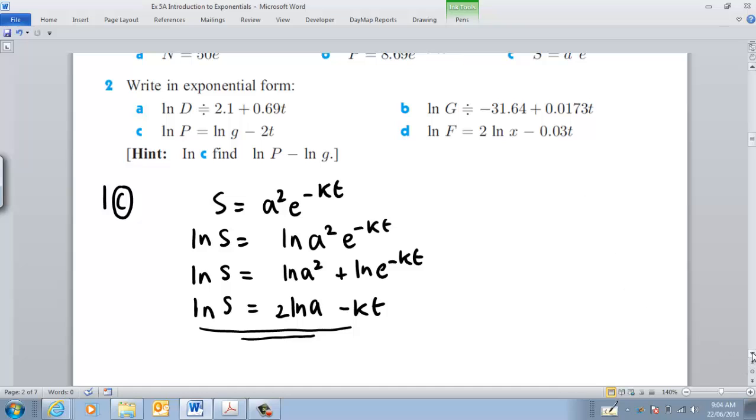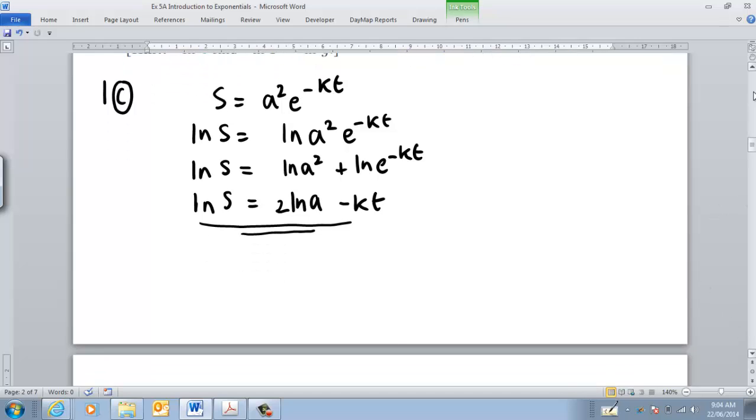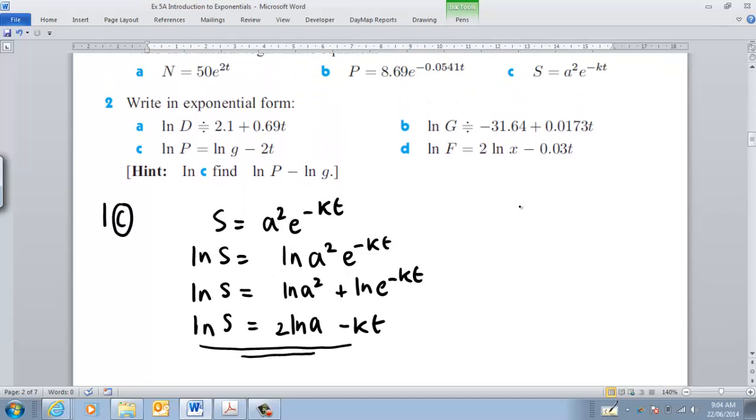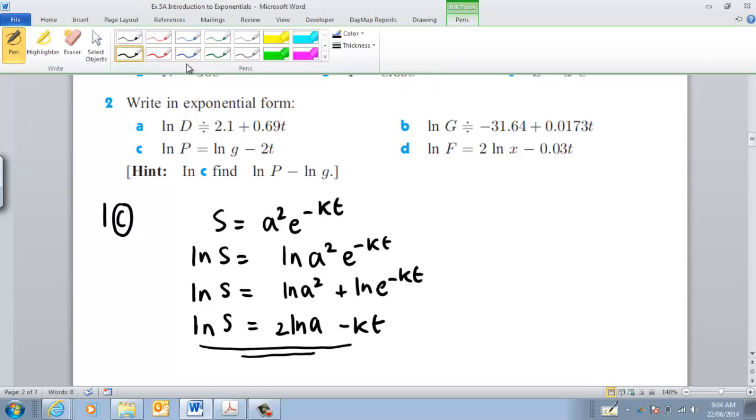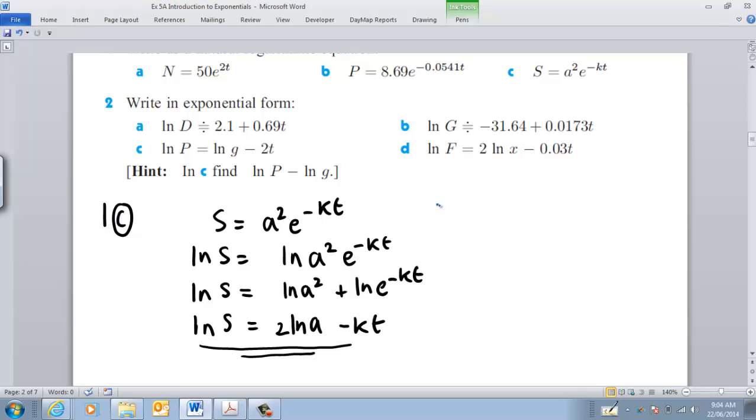I'll show you the other way of going back the other way, so we'll do that in another colour for you. So let's do 2c, keep the c's going. So we've got ln of p equal to ln of g take 2t. Keep in mind, we're now going to simply solve things by combining ln's.